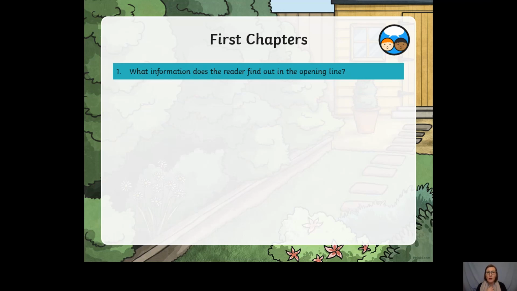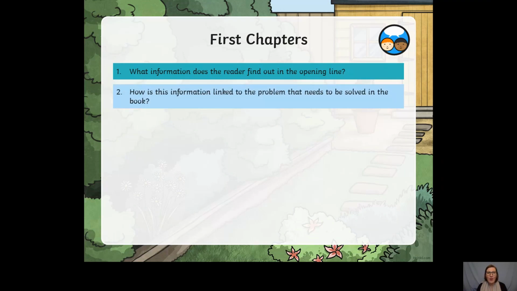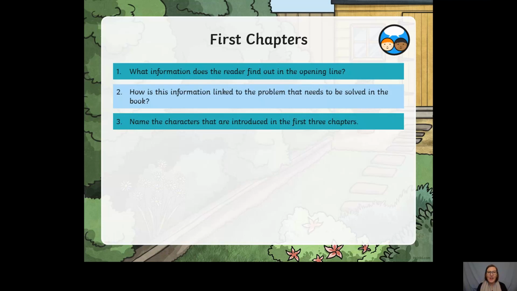So question 1, what information does the reader find out in the opening line? How is the information linked to the problem that needs to be solved in the book? Can you name the characters that are introduced in the first 3 chapters?